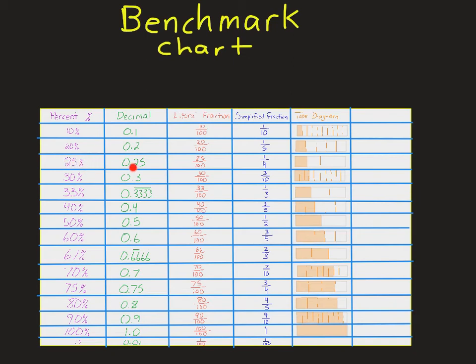All right, let's go to 25%. 25% is our benchmark. It's 0.25 or 25 hundredths is how you would say that. So this is the literal fraction. And the simplified fraction, though, is 1/4. Because both 25 and 100 can be divided by 25. And if you do that, you get 1 out of 4, or 1/4. Hey, isn't a quarter of money 25 cents written like that?